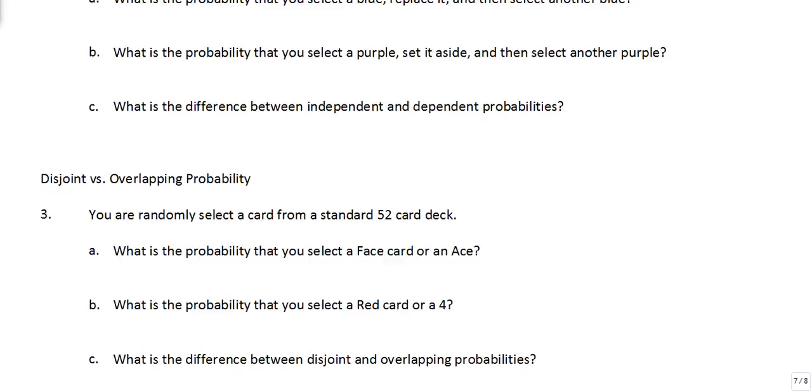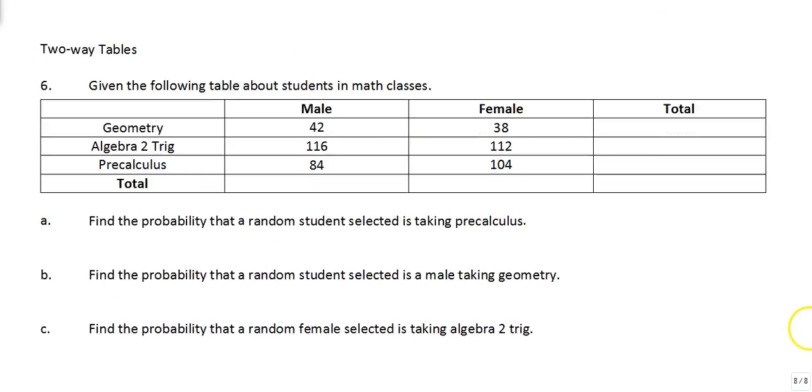Finally, probability only has one change, and it's the addition of a two-way table. Now, when you're working with two-way tables, basically you just have to be very careful reading everything. So this is about students in math, and we have geometry, algebra 2 trig, and pre-calculus. So the first thing you'd want to do is add up your male students, which you should have 242 of them. If you add up the female students, you should have 254 of them.